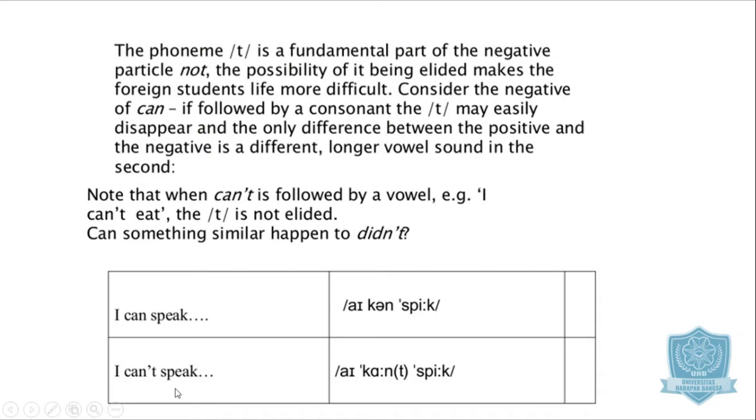The possibility of it being elided makes the foreign student's life more difficult. Consider the negative of can, if followed by a consonant. The T may easily be lost, and the only difference between the positive and negative is a longer vowel sound in the second. So note that when can't is followed by a vowel, for example I can't eat, the T is not elided.